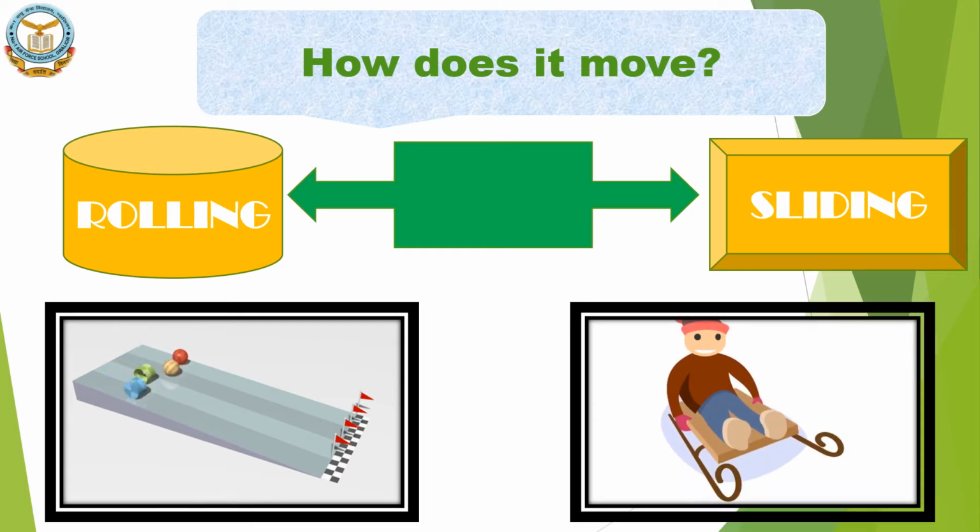Some objects slide over the surface and follow sliding movement. But still, there are some objects which can both roll and slide over the surface. So let's understand this concept with various examples.